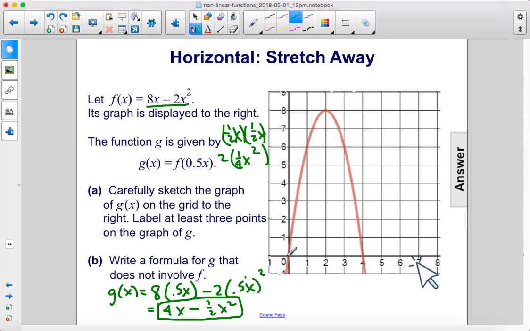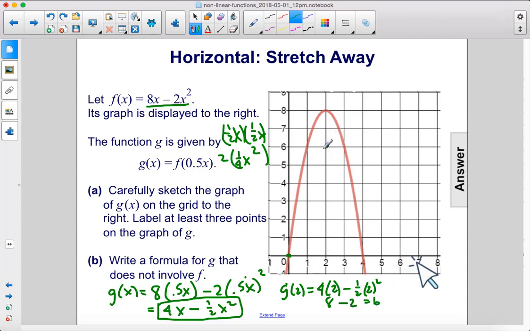At 0, if x equals 0, our output will still be 0, so our point will still be here. And let's try at x equals 2. So when x equals 2, g of 2 equals 4 times 2 minus 1/2 times 2 squared. So that's 8 minus 4 times half is 2, so that equals 6.